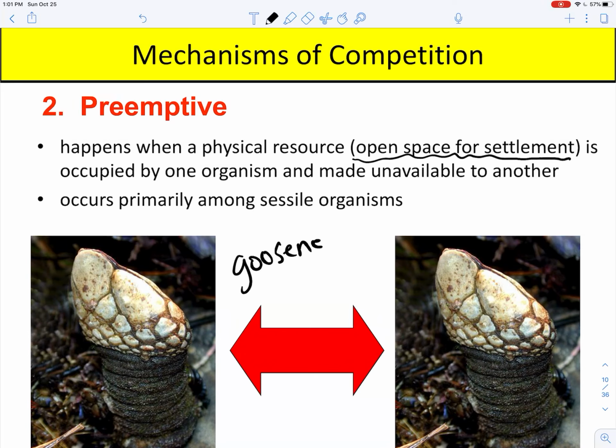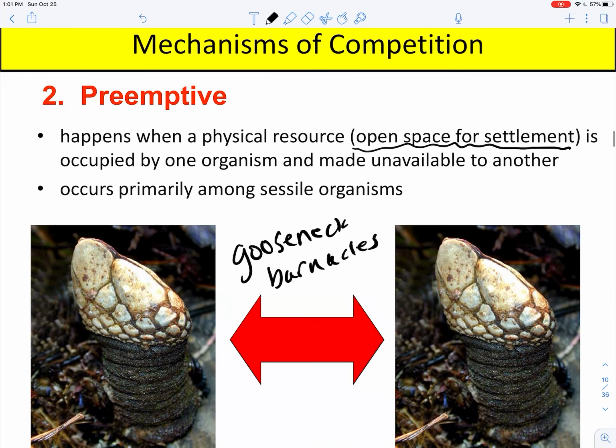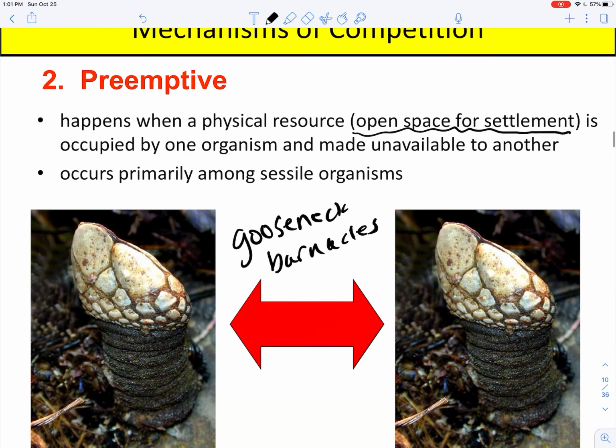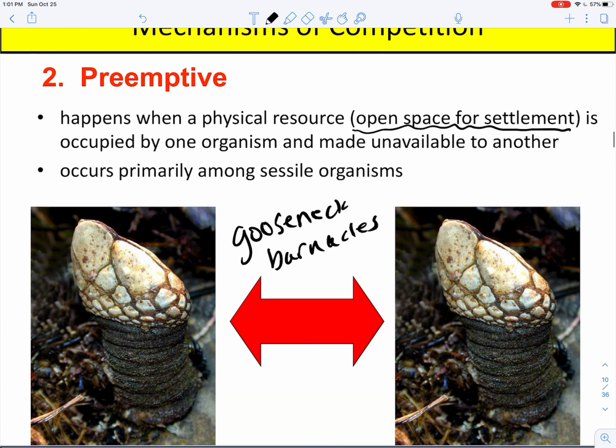These are gooseneck barnacles. And these gooseneck barnacles, as adults, settle from their larval stage onto substrate. And if the space is available, they're able to take over that space. So as you can imagine, gooseneck barnacles are competing for space in their environment as a mechanism of preemptive competition.